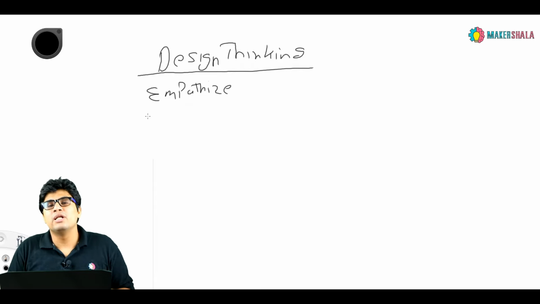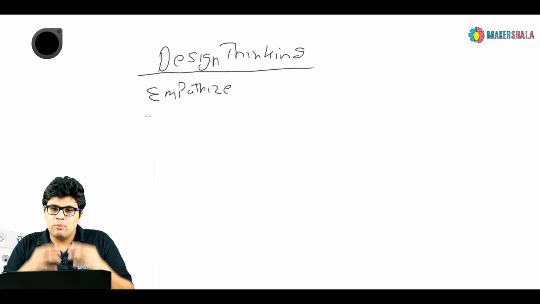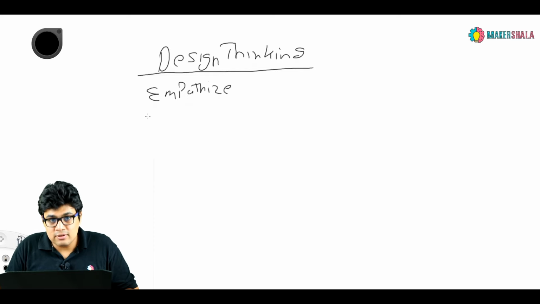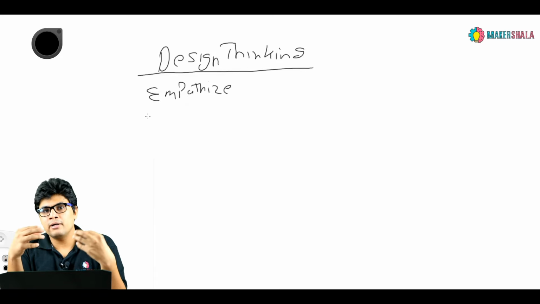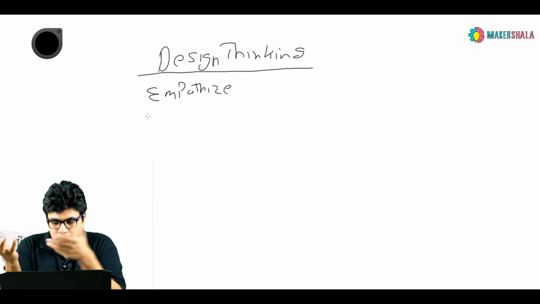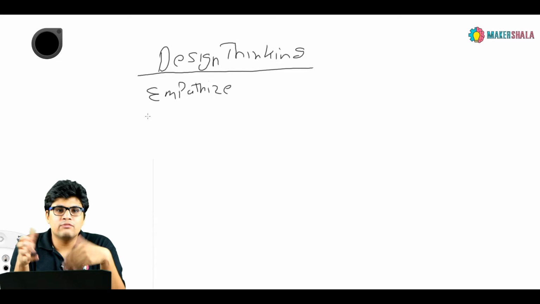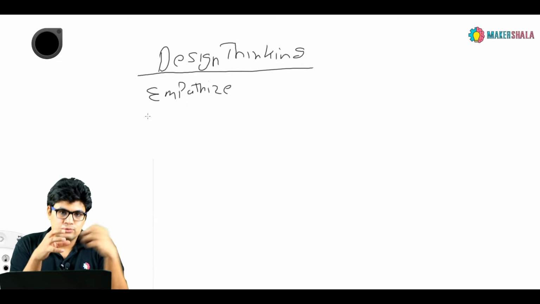For example, if you want to solve a problem for a certain group, first of all you talk to those people. If I am a company like Makershala, we are working with students, educators and schools.